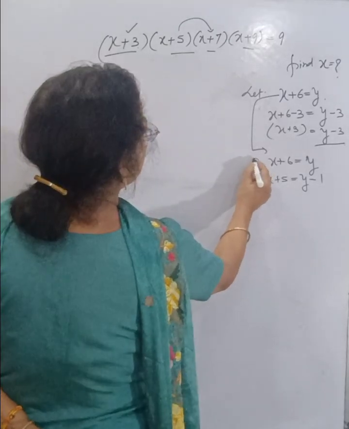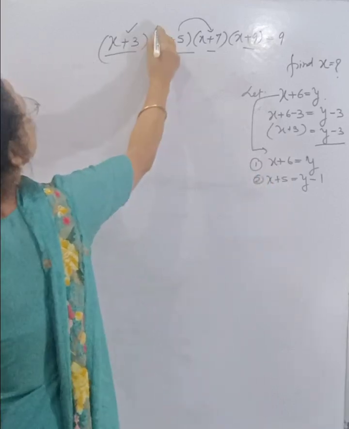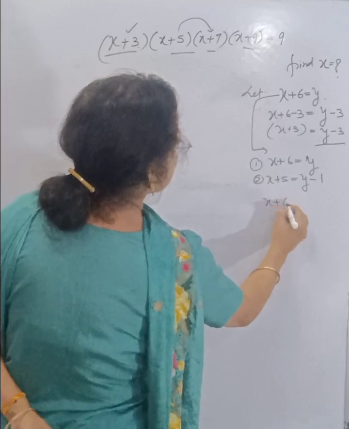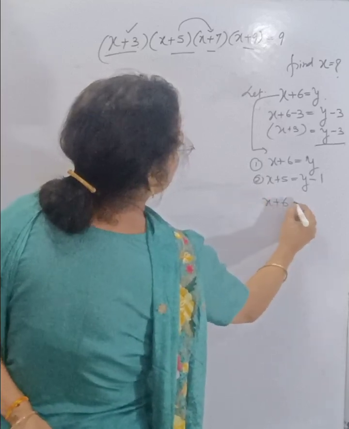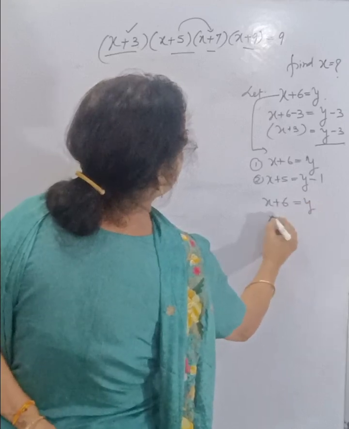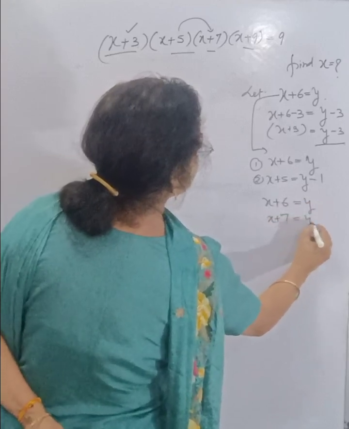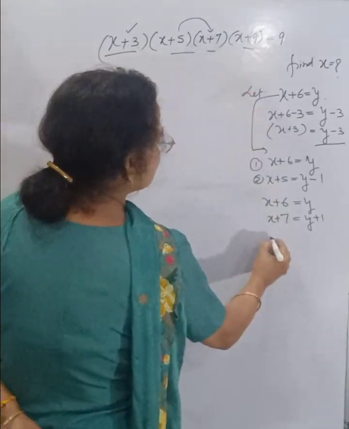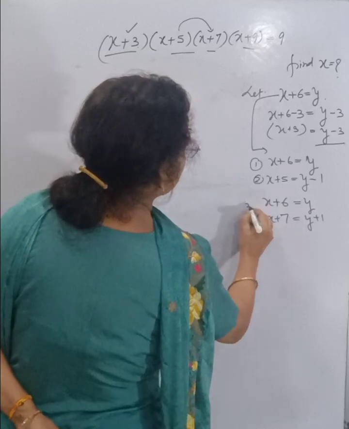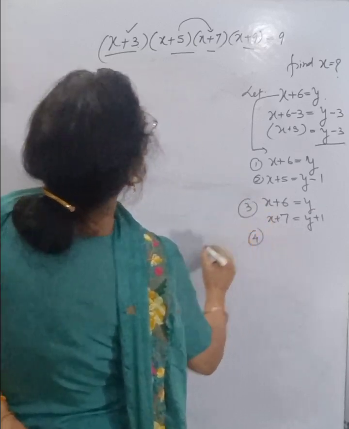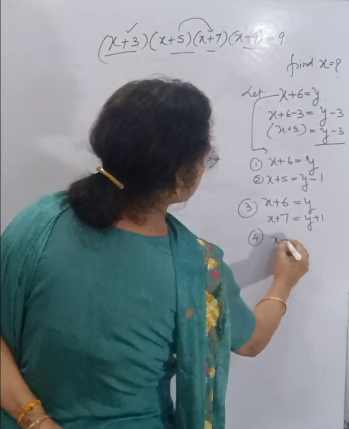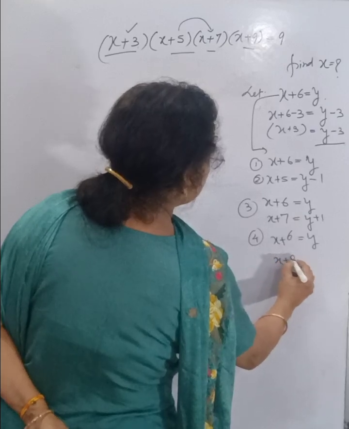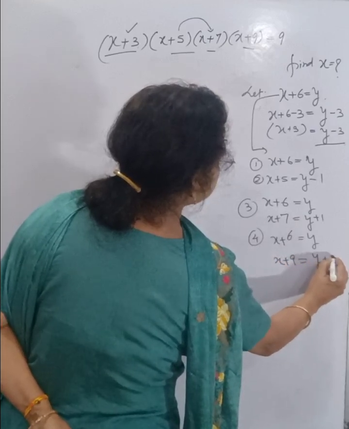Okay. This is the first term, this is the second term of this equation. Now third, x plus 7, because x plus 6 is equal to, we have assumed y, it means x plus 7 will be equal to y plus 1. Okay. Last, this is the third term, and the fourth one, x plus 9: x plus 6 is equal to y, it means x plus 9 can be written as y plus 3.